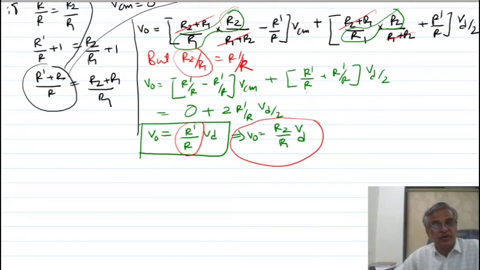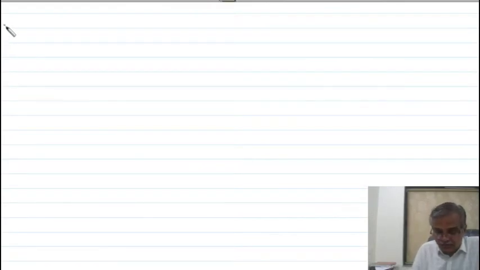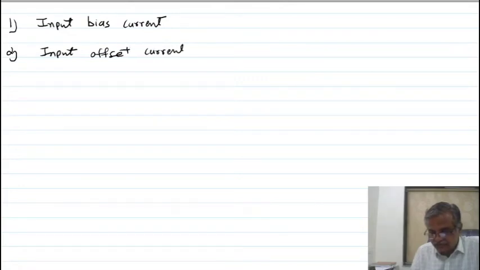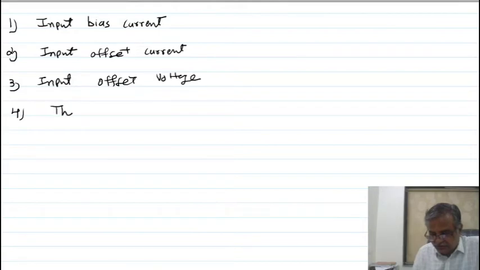Such non-ideal op amp DC characteristics which produce error at the output are: first, input bias current; second, input offset current; third, input offset voltage; fourth, thermal drift.